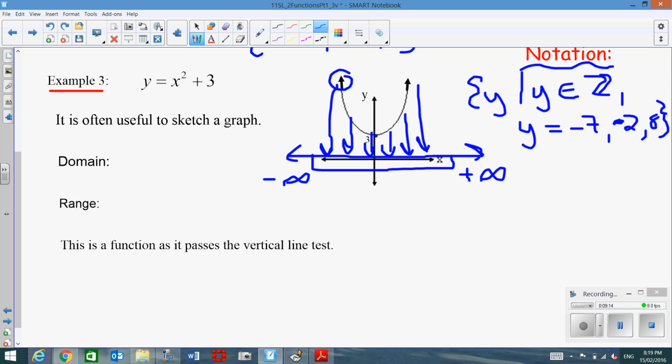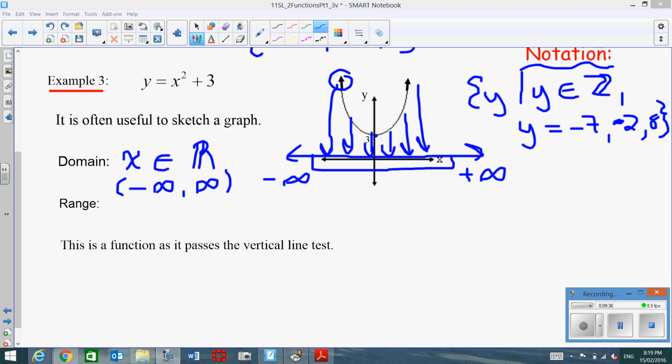So for me to say that as my domain, I'll say that x is an element of all real numbers. So it's an R with a double line, and that stands for all real numbers that are out there. So -infinity to +infinity. You might also have seen it written as an interval, where you start at -infinity and you go to +infinity.